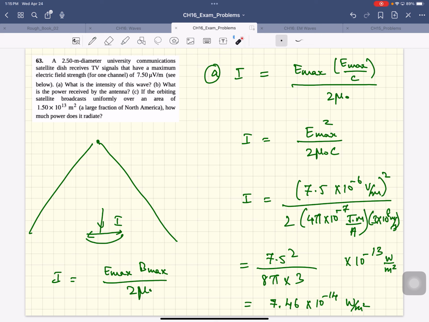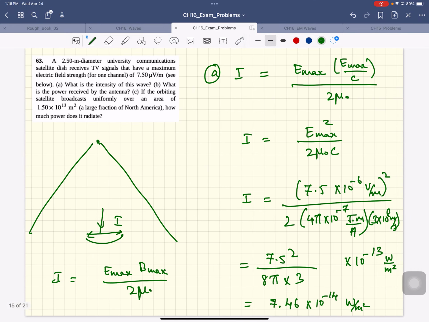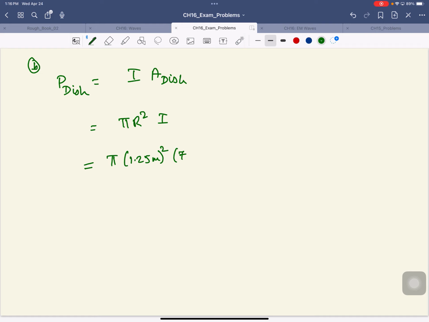So again, you guys realize it's not this area, it's this area that matters. Yeah? And the radius is 1.25 meters. So this will give you a sense for the communication.